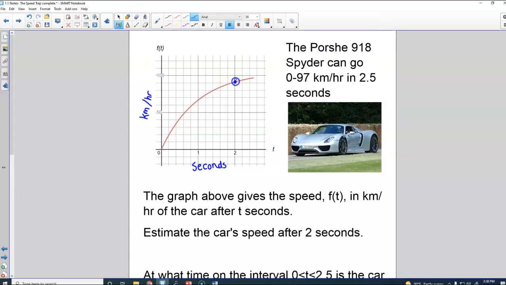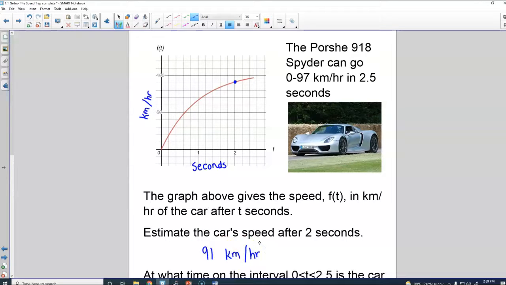So, estimate this car's speed after 2 seconds. So, right here. It's what it's asking. Estimate the car's speed. What would you say? 91 kilometers per hour.